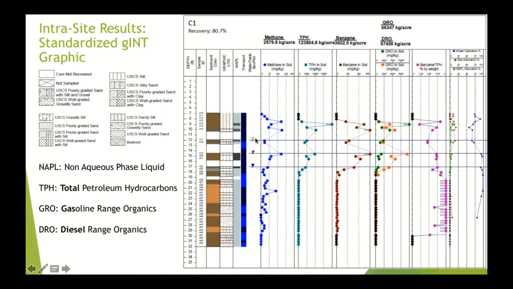And the water table data is also plotted by depth with whatever is available. You will notice that recovery is not 100%, and this varies from borehole to borehole. Next, we have concentrations in milligram per kilogram of methane, TPH, benzene, DRO, and GRO. The next column is the percent ratio of benzene to TPH. And then finally, we have saturation percentages of gas, water, and NAPL, all plotted by depth.